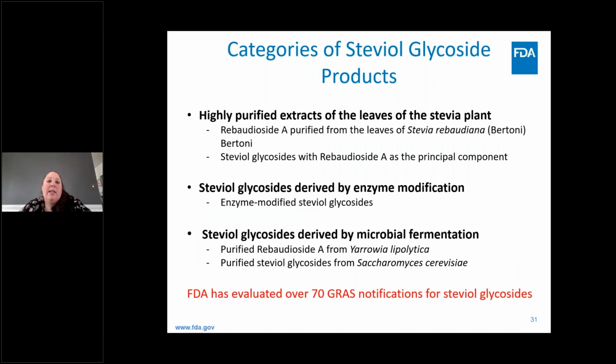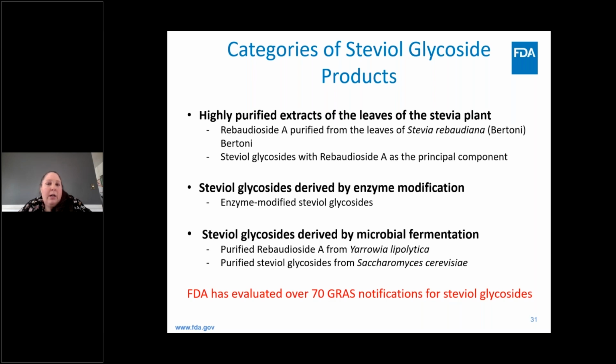So we have seen quite a few GRAS notices now for Steviol glycosides, and we typically see GRAS notices for one of three types of sources of Steviol glycosides. The first are highly purified extracts from the leaves of the stevia plant. So for example, we've reviewed rebaudioside A purified from the leaves of the stevia plant. We also see Steviol glycosides that are derived by enzyme modification.